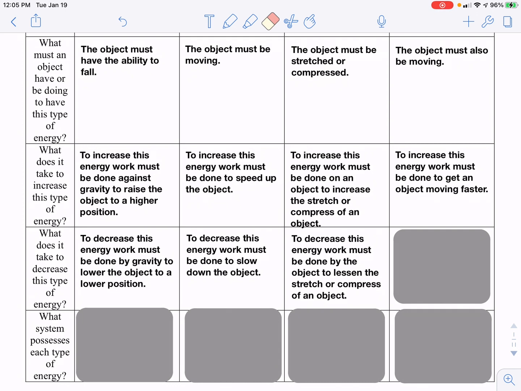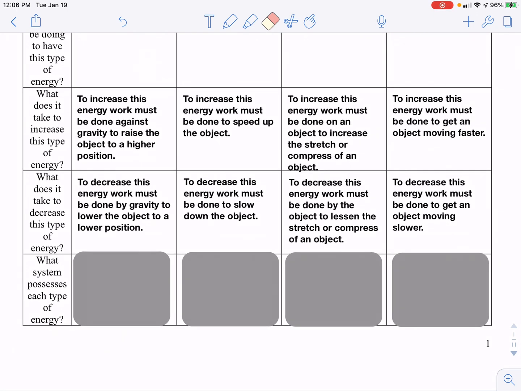In order to decrease that type of energy, now work is done by the spring in order to restore itself back to equilibrium and lessen the stretch or compress. To decrease the internal energy, work must be done in order to slow down a moving object. Slow down a moving object, the kinetic energy is lower, therefore the temperature is lower, and the internal energy would also be lower.